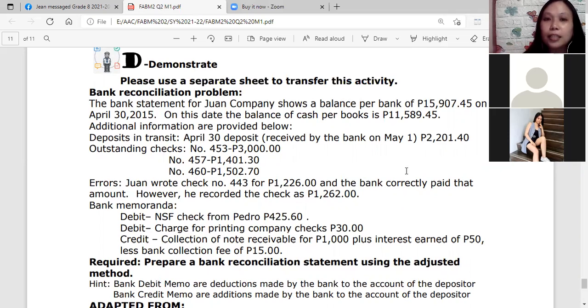Because it will not be valid if there's no signature. Your deposit also, there has to be a signature, whether you are using your own drawing sa deposit slip or a deposit slip from the bank. I'm not sure if naay mga bangko nga walay signature. But whatever it is, if you are using a real deposit slip, whatever information is needed, it needs to be complete. Okay, thank you, ma'am. Okay.